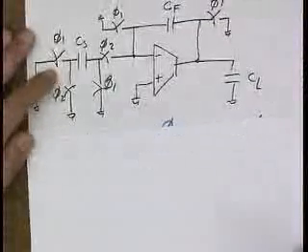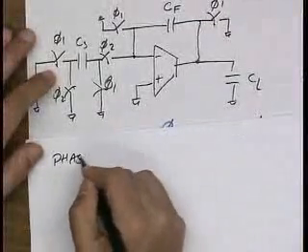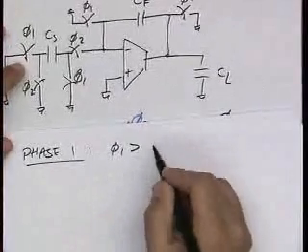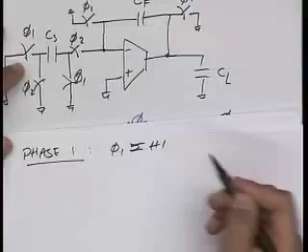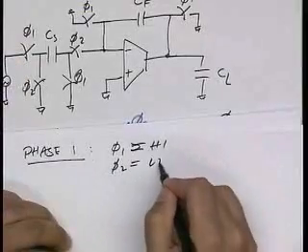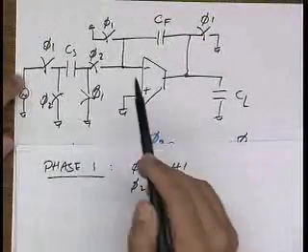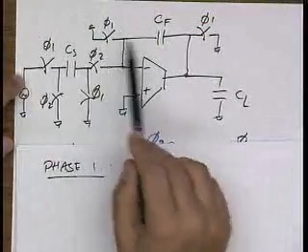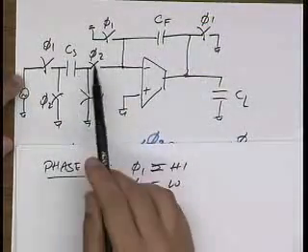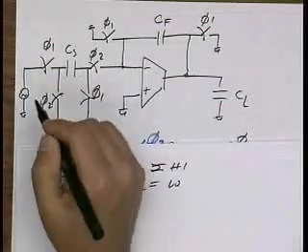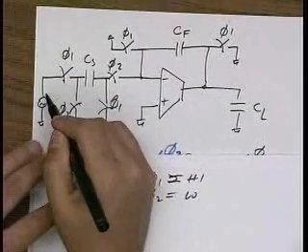So let's draw phase 1. So this is Phi1 is basically high, Phi2 is low. Okay. So that means every switch clocked with phase 1 clock is actually going to be shorted, and every switch clocked with phase 2 is an open. Okay. And here, this is my input voltage, V input.